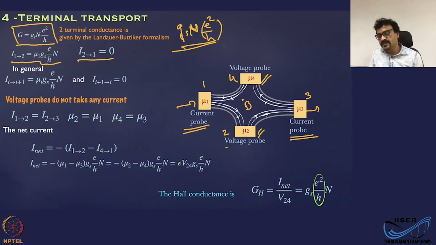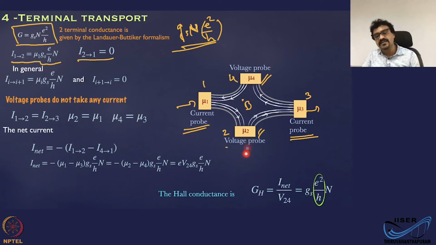Similarly, 4 should follow the chemical potential here because this is shorted. There is no resistance for these edge channels, as we already discussed. Edge channels are perfect, resistance-less, reflection-free 1D channels. If you connect two conductors, here we are not connecting any biasing.